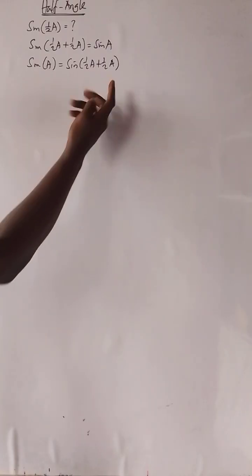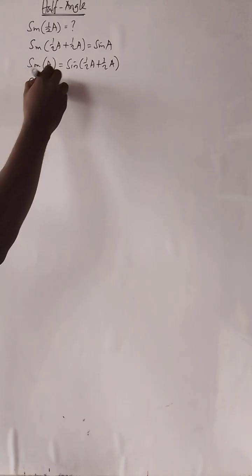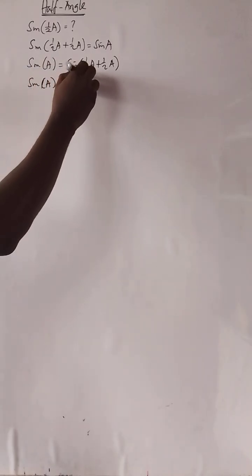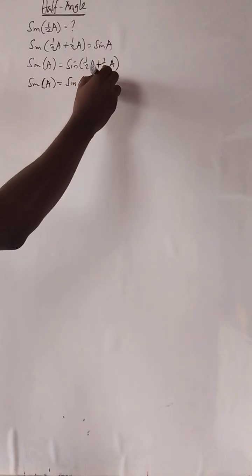Half of A plus half of A will give us what? A. Recall that half A plus half A, here we have two halves. So you can still write this as what? I can say sine A equals to sine 2 multiplied by what? Half of A.